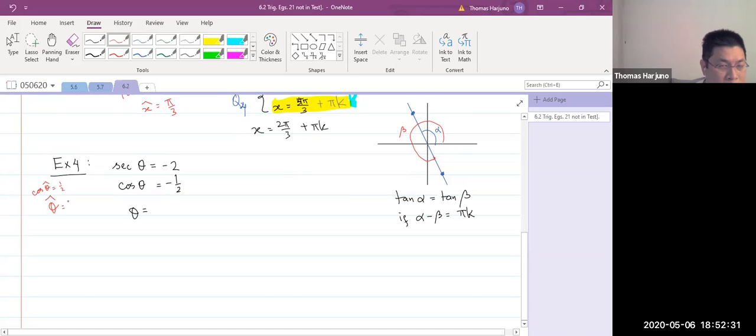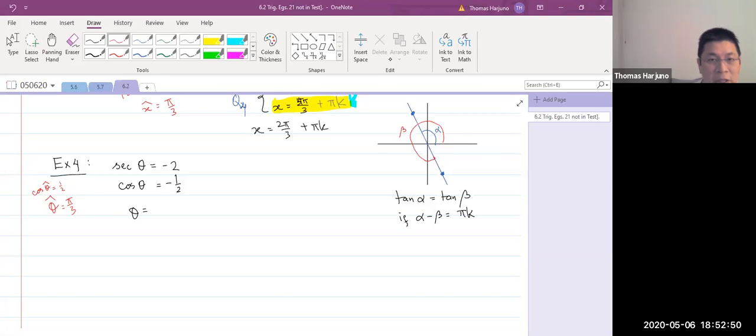So what is the reference angle? Cosine of what is 1/2? Pi over 3 in radians, or 60 degrees. Let's make it into degrees, since somebody answered that in degrees. So this is 1/2, this is 60 degrees. Fine.